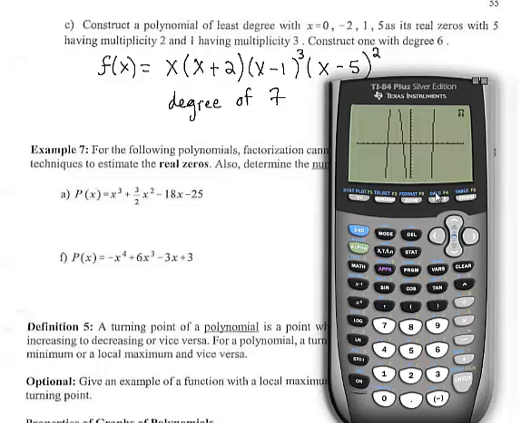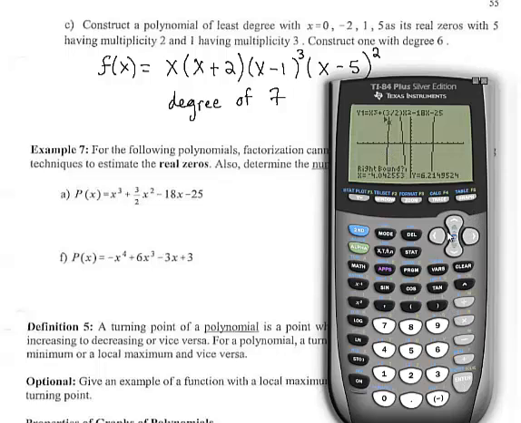We go to second calculate. Number 2 on the calculate menu is zero. And we'll start from the leftmost zero. If we go to the left of this first zero, we drop down below the zero, so I hit enter.